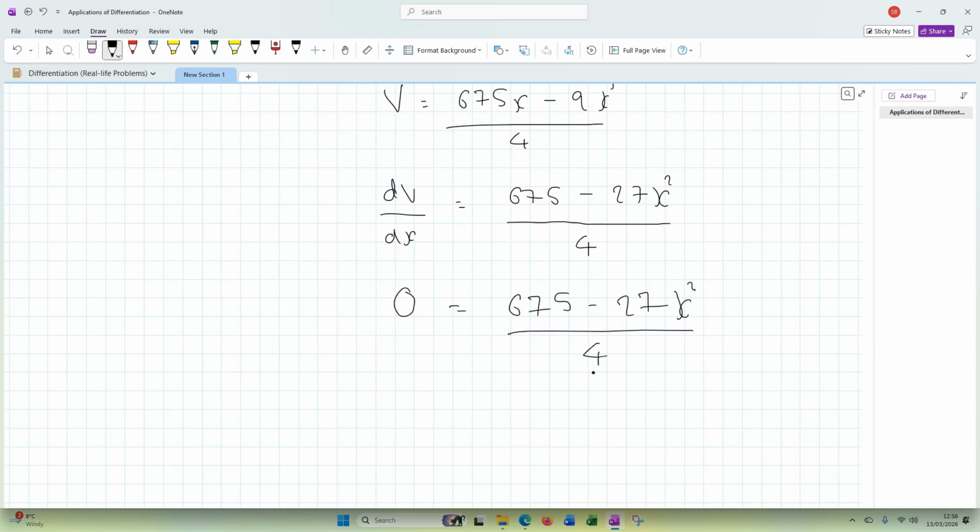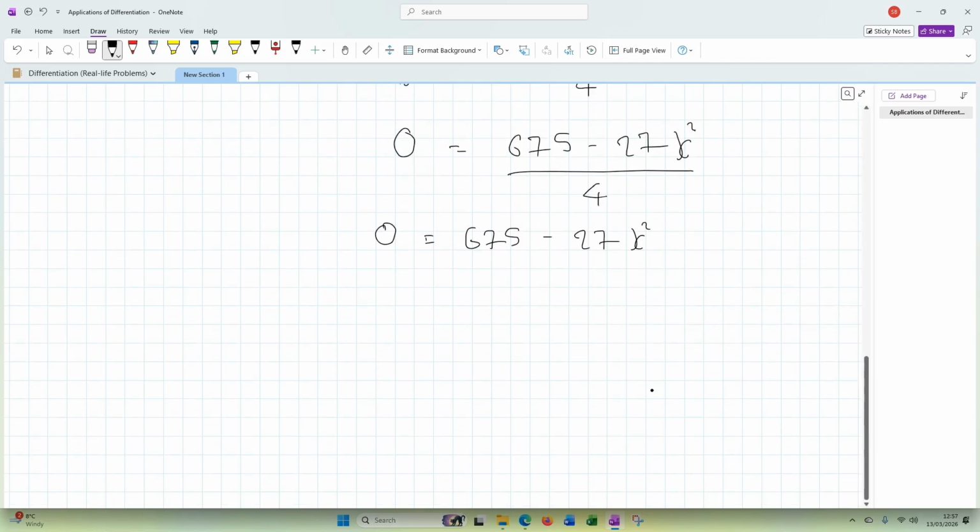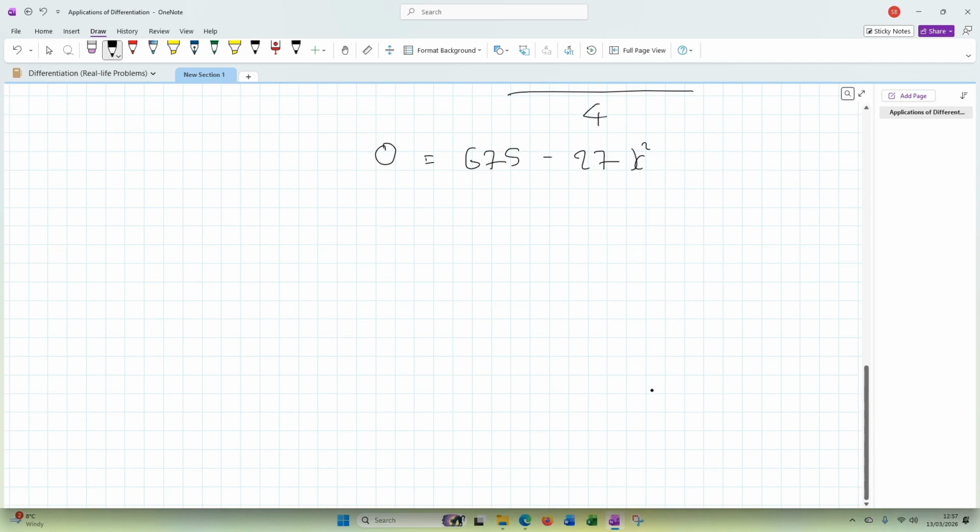So now it's just simple algebra. We multiply both sides by 4 to remove the 4. 0 times 4 is 0. So 0 equals 675 minus 27x squared. Adding 27x squared to both sides gives us 27x squared equals 675.